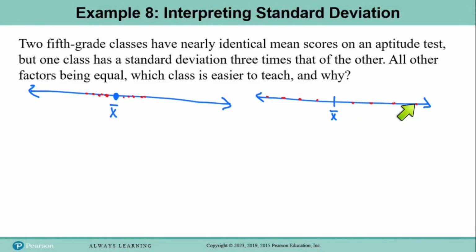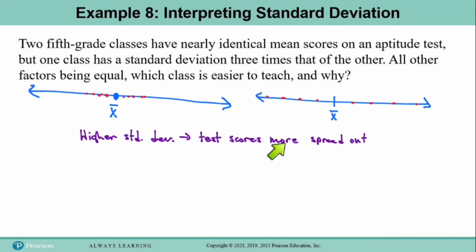So you have some students in this class with a really high aptitude and then others that are farther below the mean. So let's write down that the group with the higher standard deviation has test scores that are more spread out. That's what it means for the standard deviation to be so much larger in this group than it was in the other group. And a higher standard deviation means a wider range of abilities.